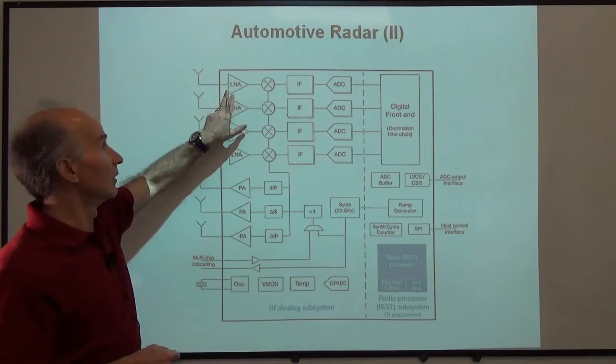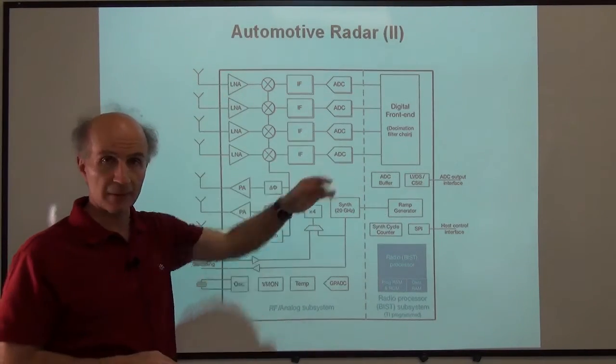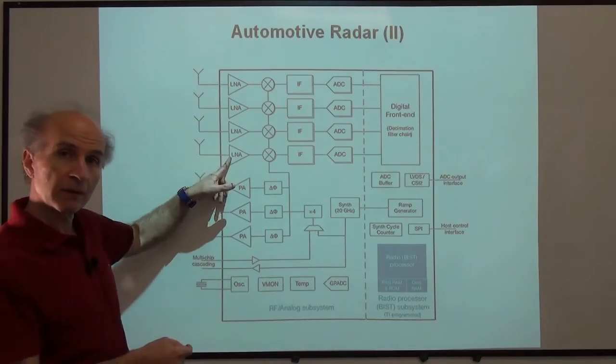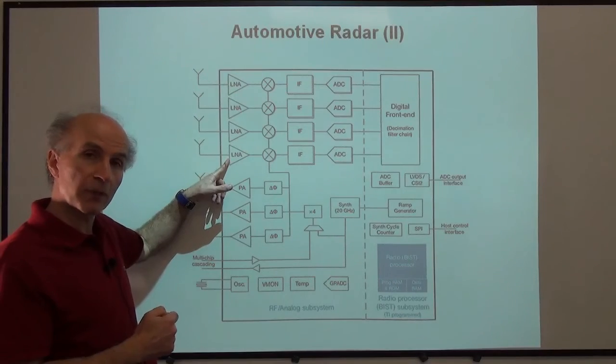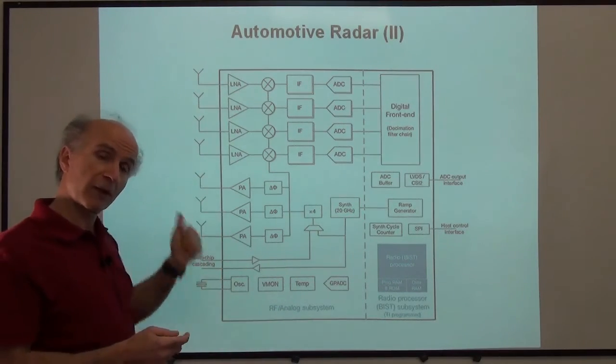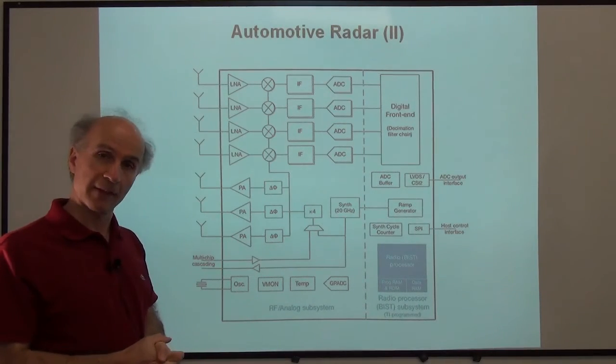These are called low noise amplifiers, LNAs, and the signal is further processed so that we can measure the round trip time, so measure the distance to the object, and even measure the change in the frequency, so we can measure the velocity, the Doppler shift of the object. Isn't that beautiful?